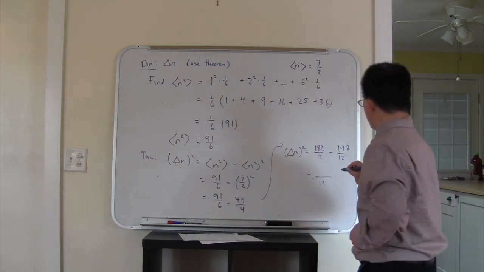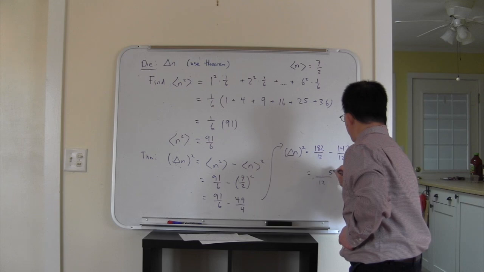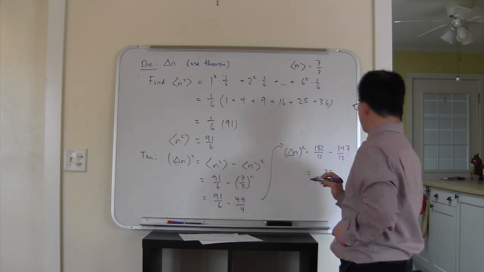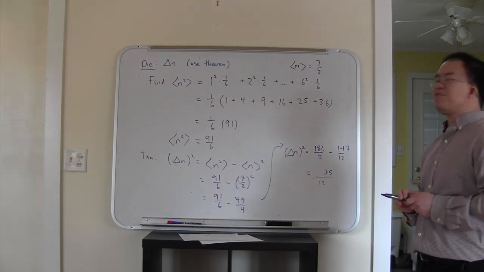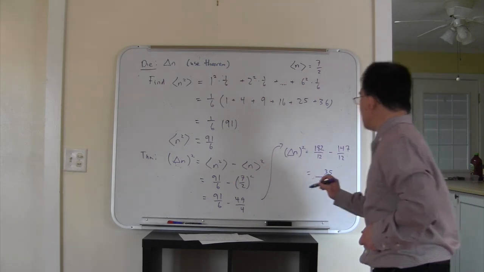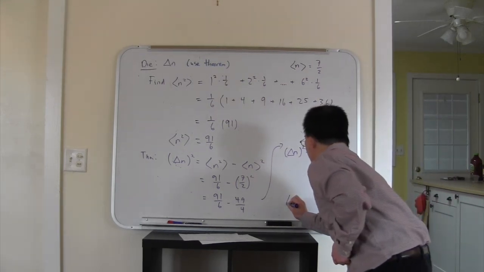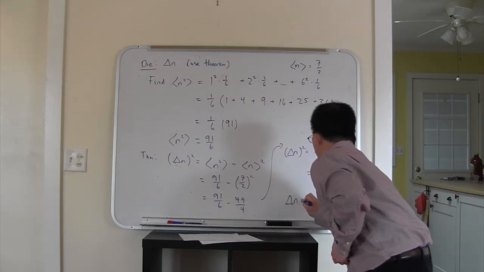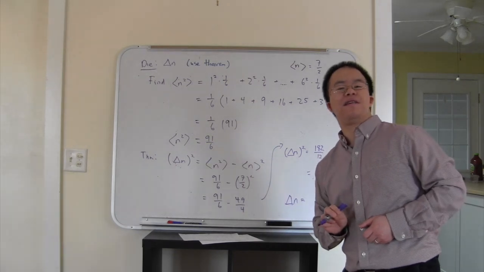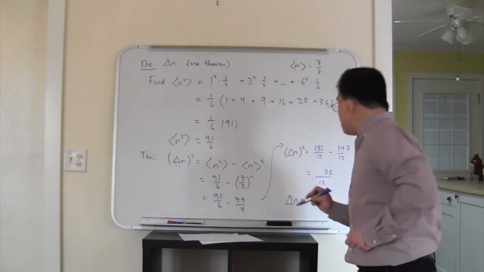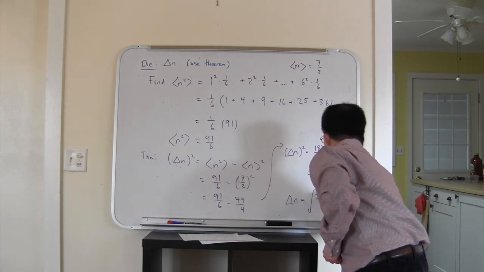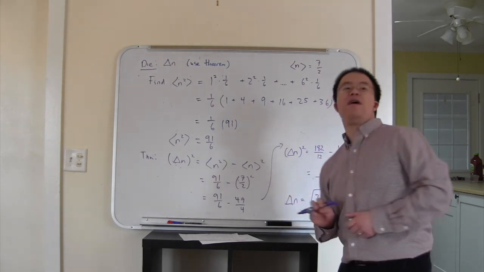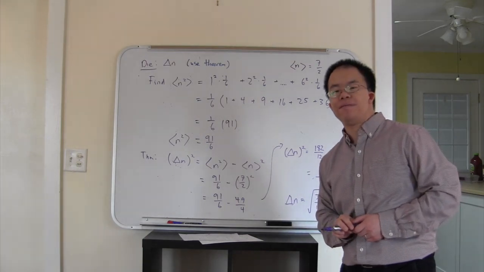So 182 minus 147 is 35. Yep, that's 35 over 12. That doesn't really simplify nicely, but we can take the square root to find that the standard deviation, or uncertainty, in n is going to be the square root of 35 over 12.